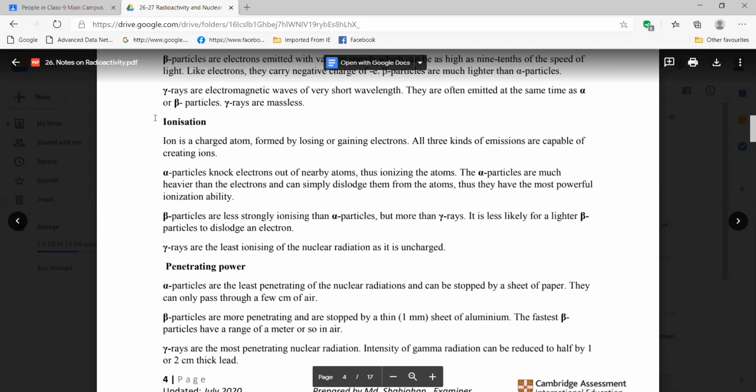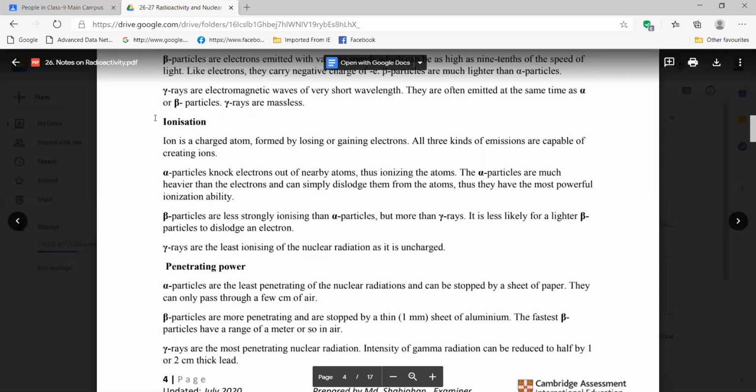So here the ionization is related to charge. The one which has more charge has more ionization capacity. This is the basic. Is it clear to all of you?